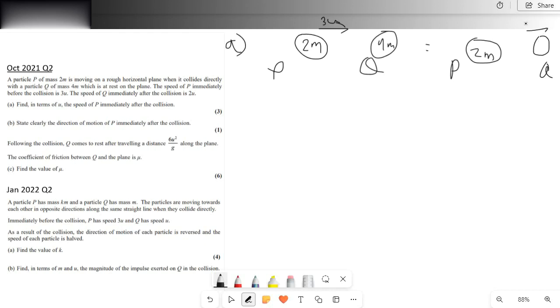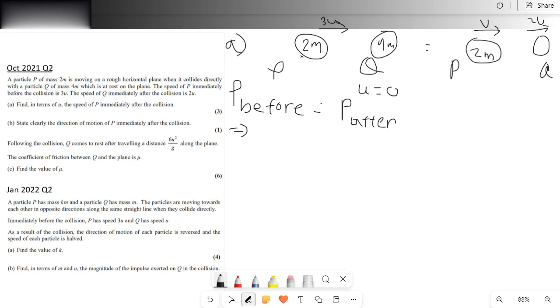We know that the final velocity is 2u, and for Q, it is v, as we don't know, and Q was initially at rest, so u is equal to 0 here. Therefore, we can use the conservation of momentum principle. P before is equal to P after, just like before.